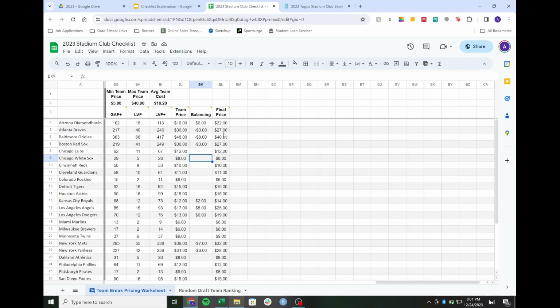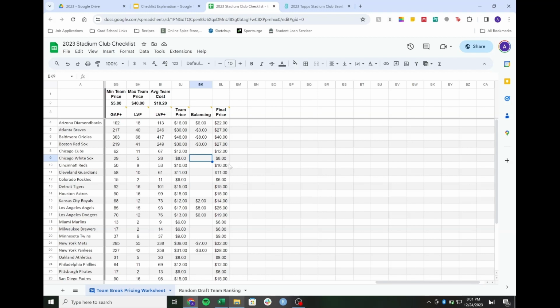The other reason I like to have a balancing column and play things by ear and adjust prices here is that these formulas do not account for the superstars or the super rookies, the guys that win Rookie of the Year. The Diamondbacks have Corbin Carroll, who was the Rookie of the Year for 2023, but we're sitting here charging $16 for their team price, which seems a little low to me.